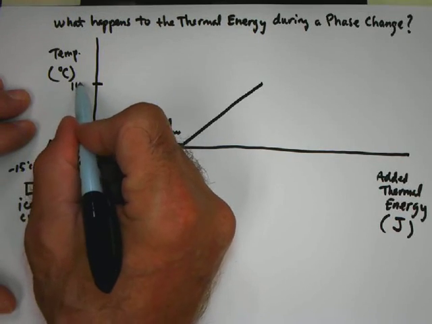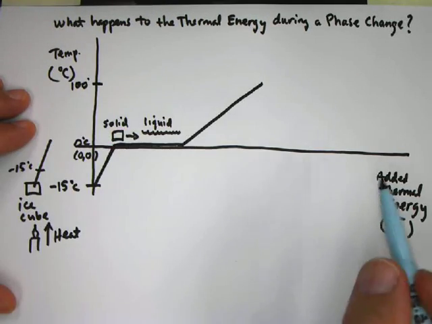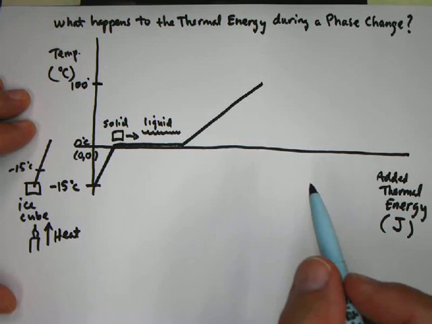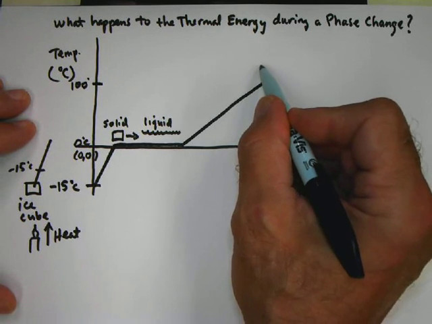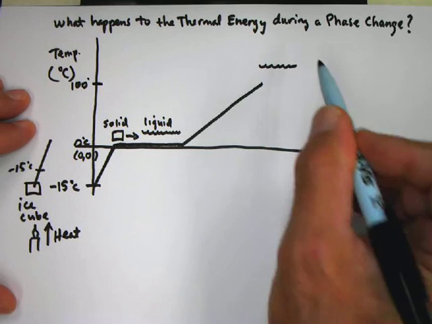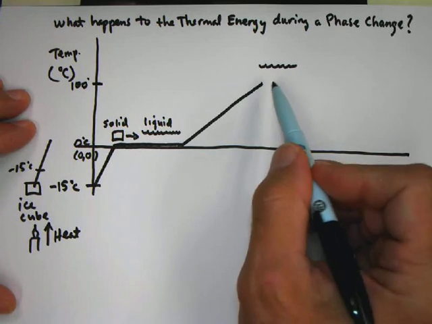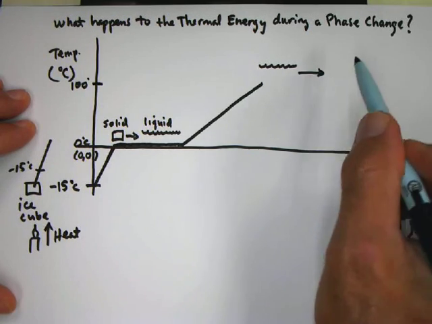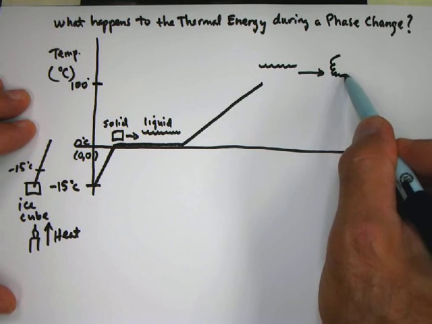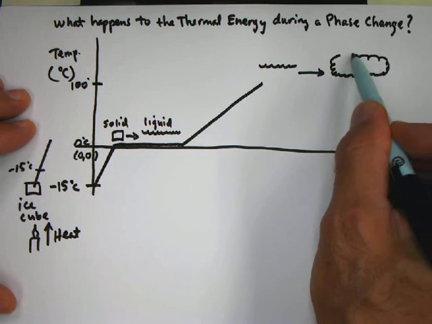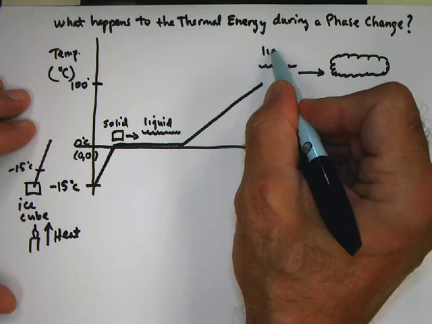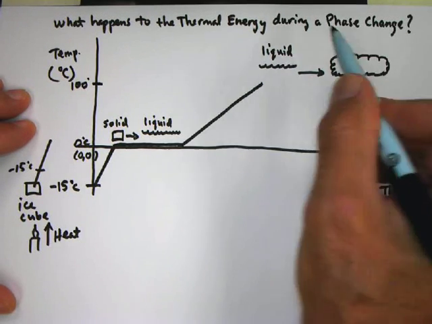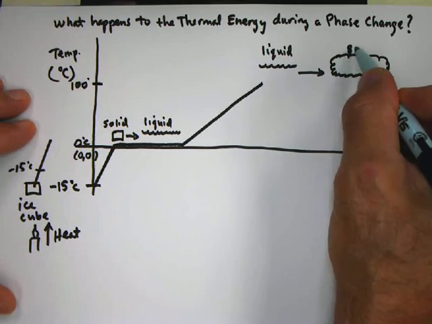Once it reaches 100 degrees Celsius, then that liquid water starts to be converted into water vapor or gas. So it's going from the liquid state to the gas or vapor state.